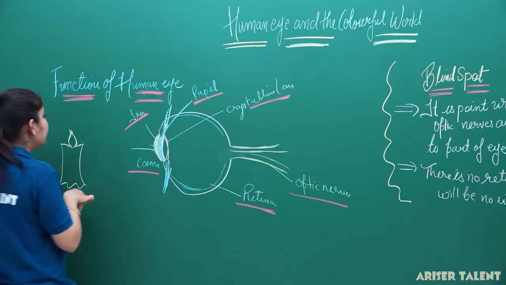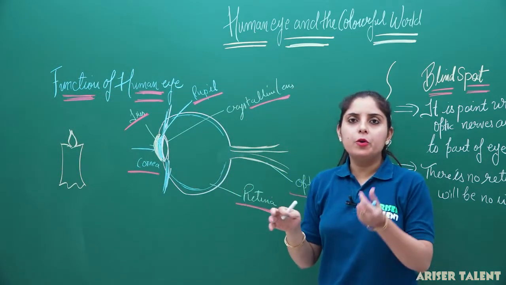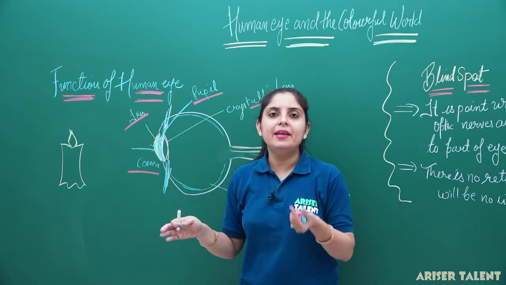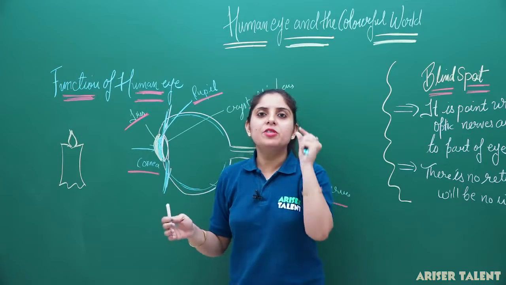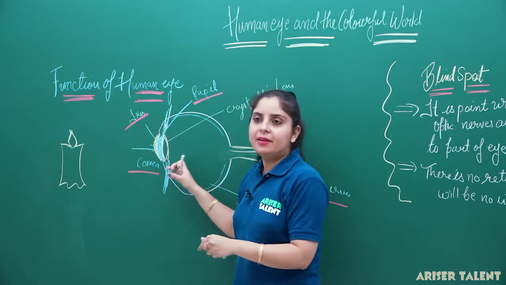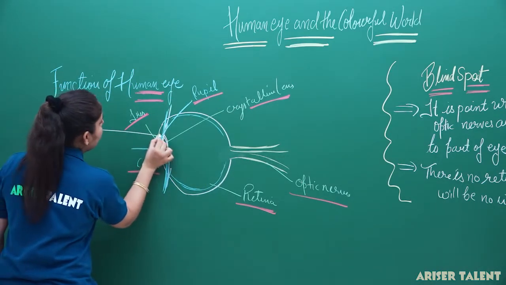Now what will happen in this case? The light rays from this object are going to fall on the cornea, and it is going to detect that light. It means the bulging part which is outside the eyeball is going to capture these light rays. So the light rays are firstly going to fall on that part.